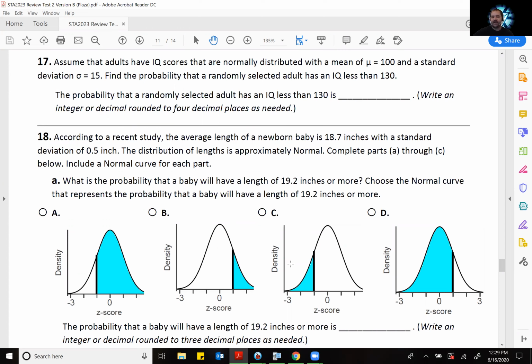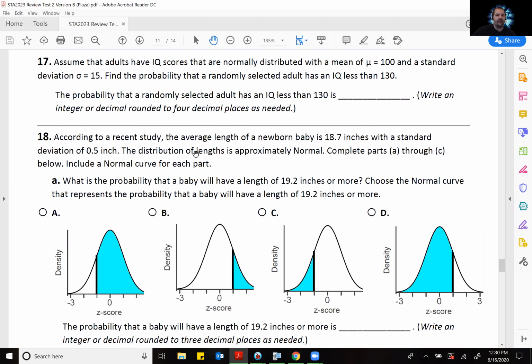All right, 18. Part A. So they want to know which one of these graphs down below helps us get the probability that a baby will have a length of 19.2 inches or more. But look down here. These are in terms of z-scores, so they're going to make you work a little bit.